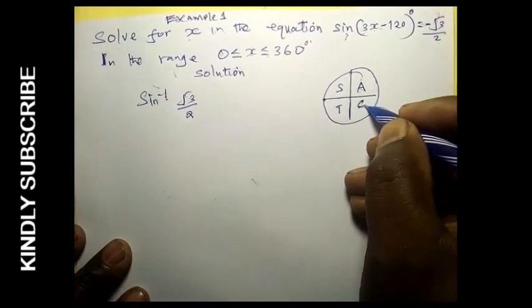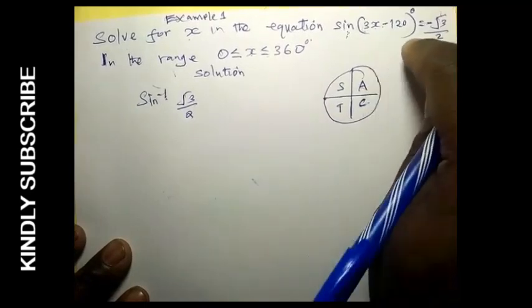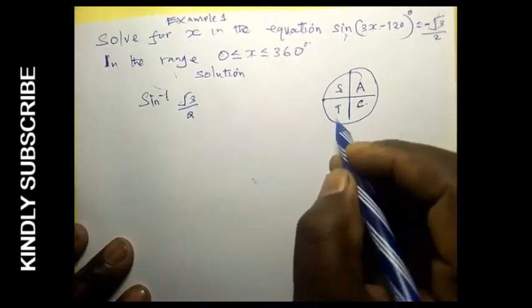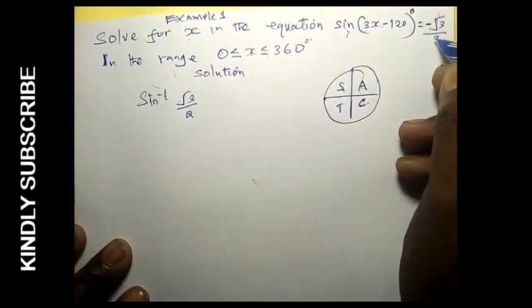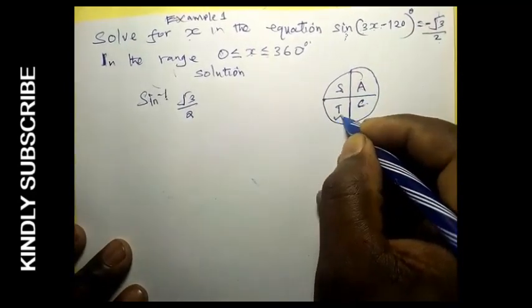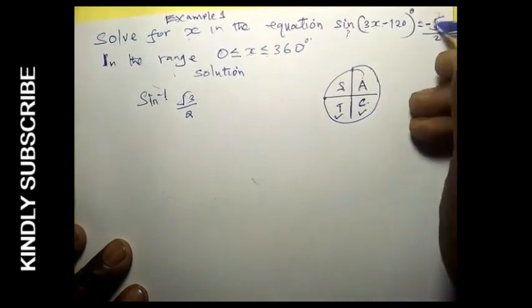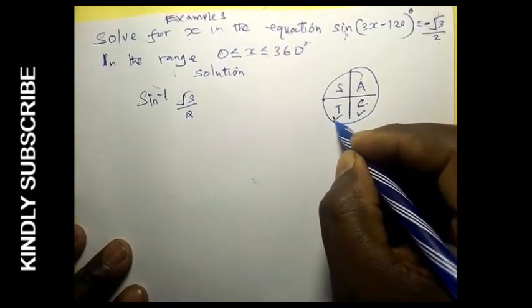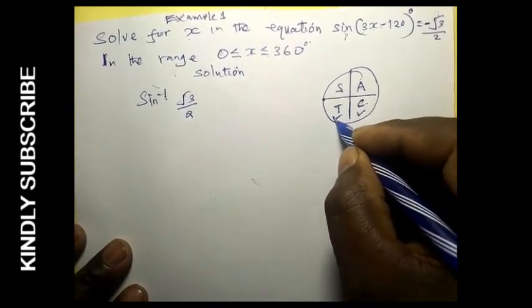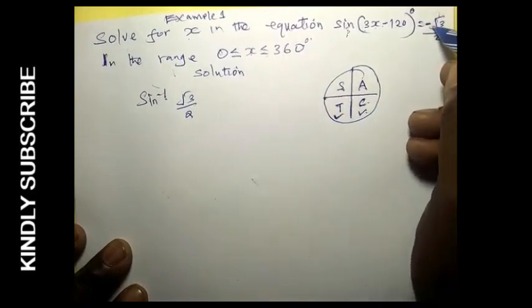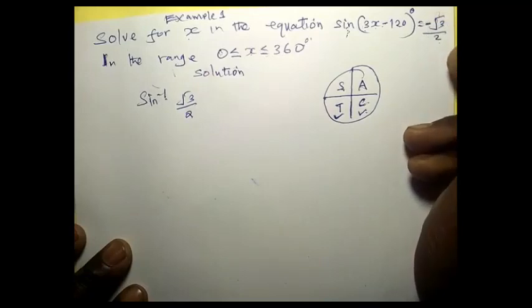Remember that all of them are positive here, and here the sine is positive. The sine is negative in this quadrant and this quadrant. So the negative simply tells us that we want the angles in the third and the fourth quadrant. So don't include the negative when you are using the calculator. It will give you wrong results.